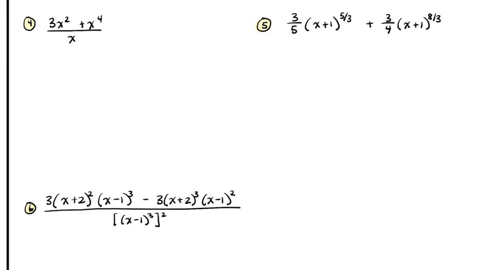This is like a fatal error, a very illegal thing to do in math, to cancel out division over plus. We're dividing basically 3x squared by x, and we're dividing x to the 4th by x. So if you go canceling this here with one of the ones in this part, you're forgetting all about this x to the 4th, and it's kind of rude.